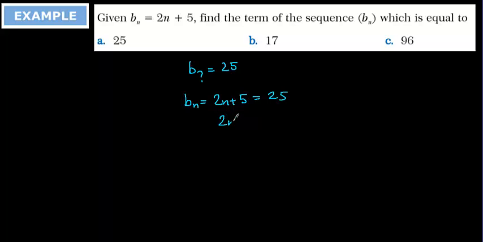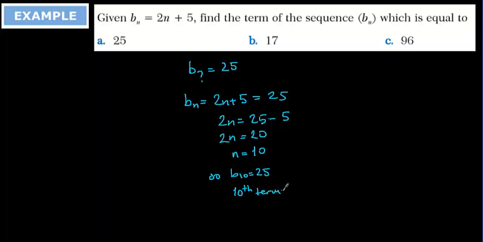Then 2n is equal to 25 minus 5, 2n is equal to 20, and n is equal to 10, so b10 is equal to 25, and the 10th term of the sequence is 25, we can say here.